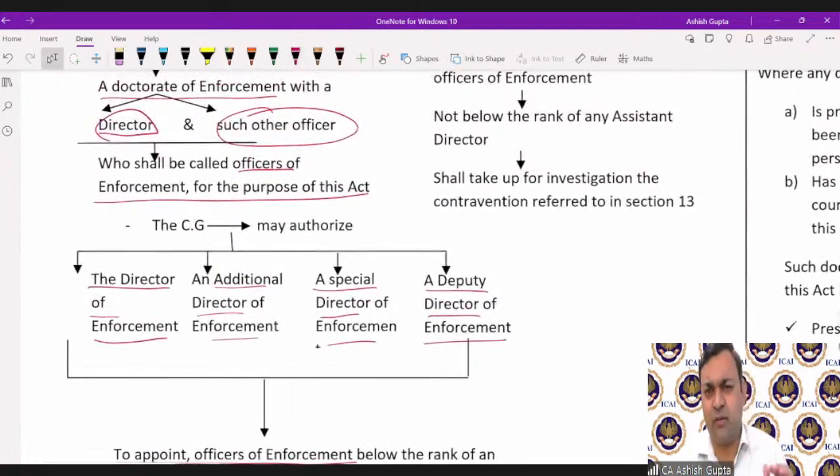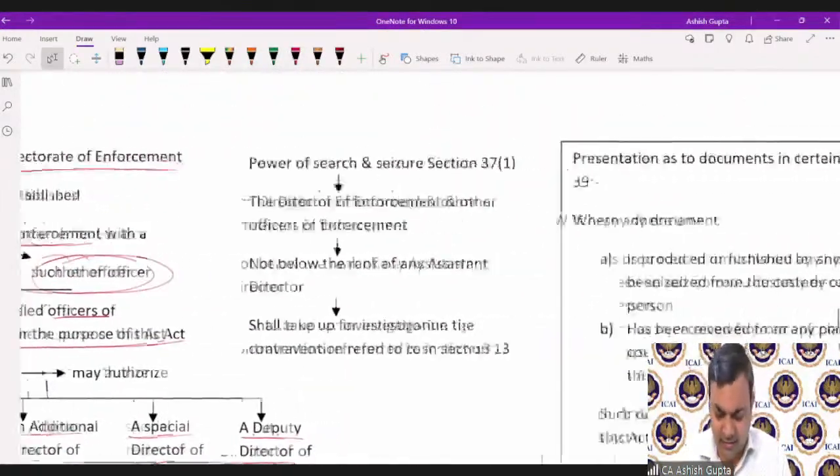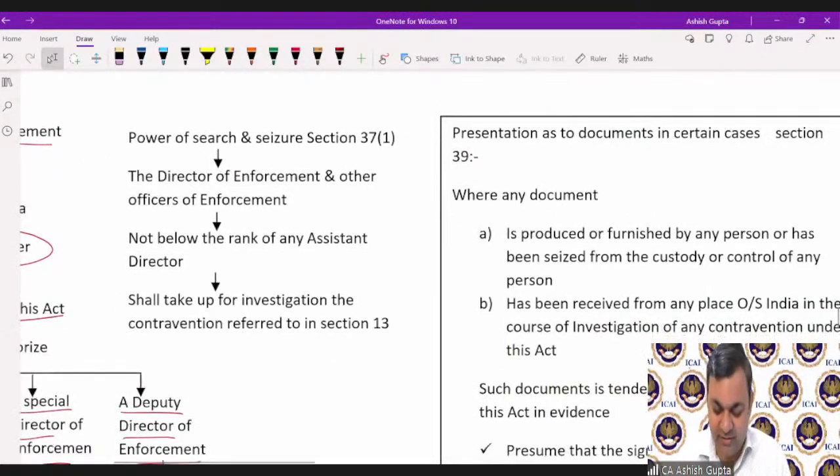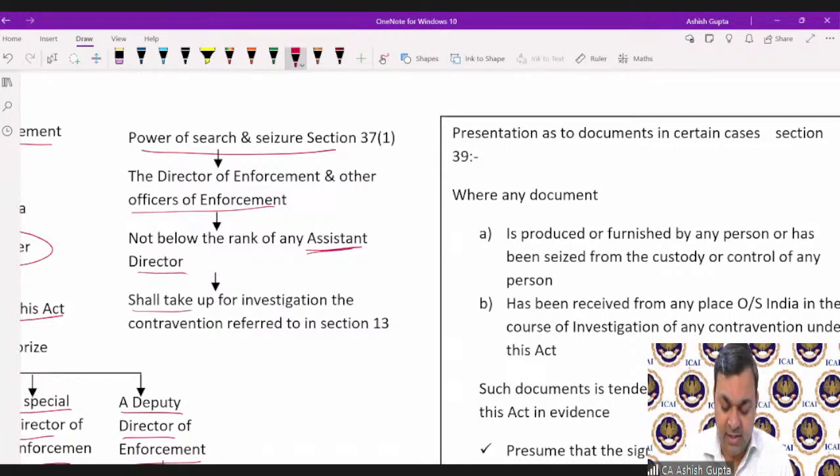Section 37 is a smaller section, on the power of search and seizure. The Directorate of Enforcement and other officers not below the rank of Assistant Director shall take up the investigation of contraventions referred to in section 13.